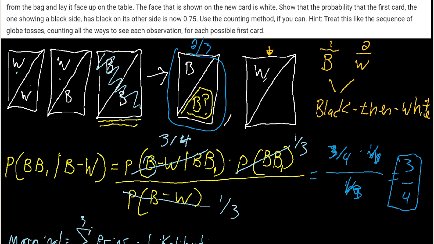Now, with a little bit of additional evidence, we have adjusted the posterior to 3/4, and this should make sense. We had some evidence to suggest that the card that we had was black, black. And because the second card that we saw had a white face, we knew that it couldn't be the black, black card, meaning that there's a greater probability that the first one that we drew was in fact black, black.